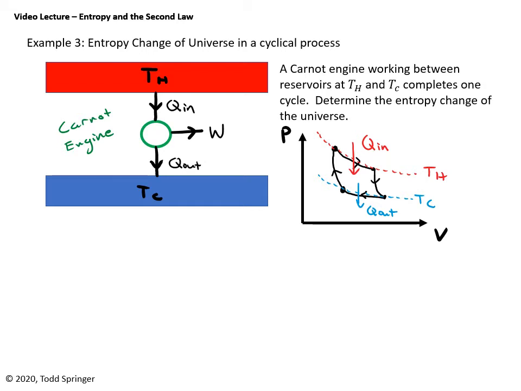So unlike the previous examples, I have three objects which could undergo an entropy change. I have the engine itself, I have the hot reservoir, and I have the cold reservoir. So if I want to calculate the entropy change of the universe, I need to add up delta S for the gas inside the engine, so we're assuming it's an ideal gas engine, plus delta S for the hot reservoir, plus delta S for the cold reservoir.